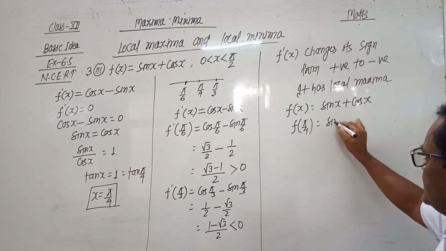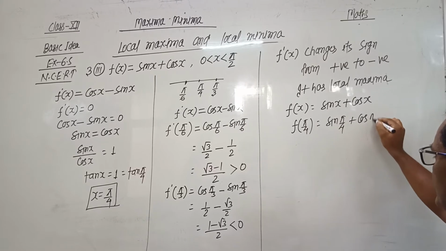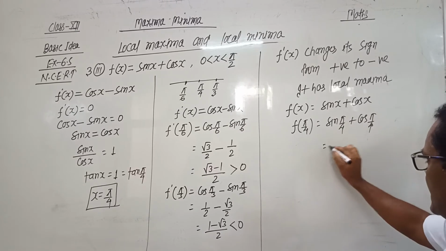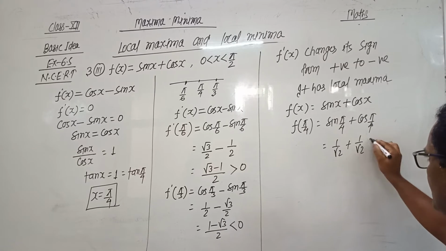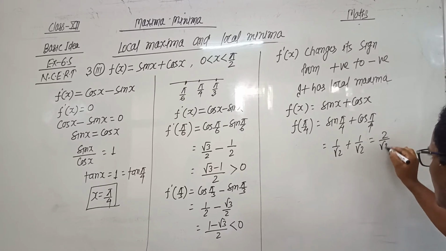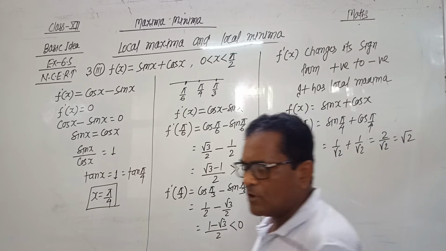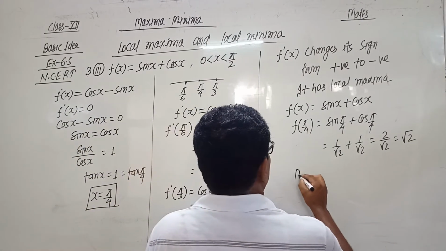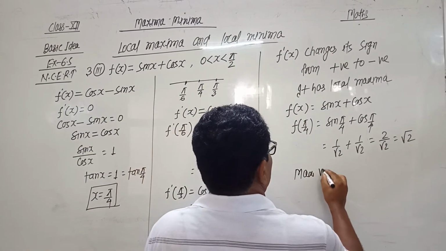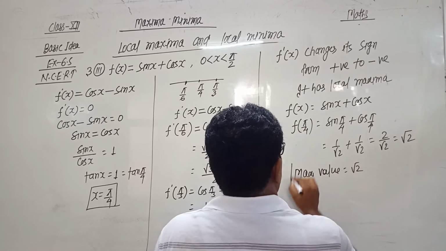So we get sin pi by 4 plus cos pi by 4. The value of sin pi by 4 is 1 by root 2, and this is also 1 by root 2, so 2 by root 2, which is root 2. So the maximum value obtained is root 2.